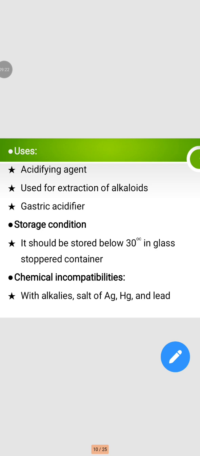And storage condition: it should be stored below 30 degrees Celsius in a glass toppered container. Then chemical incompatibilities: with alkalis, and the salts of silver, mercury, and lead.